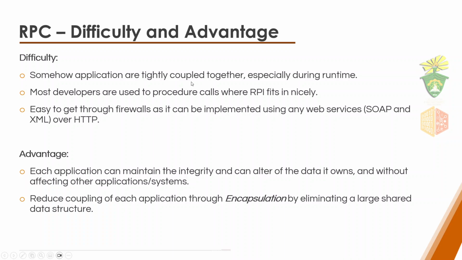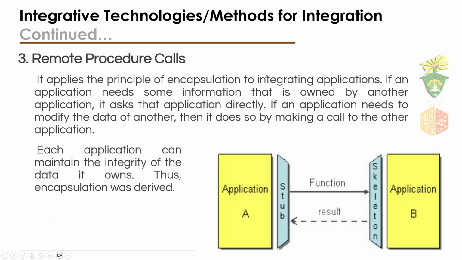They are coupled together, especially during runtime, because think about it: application A is dependent on the functions of application B. So when application A runs, some processes would not function if application B is down or in maintenance.